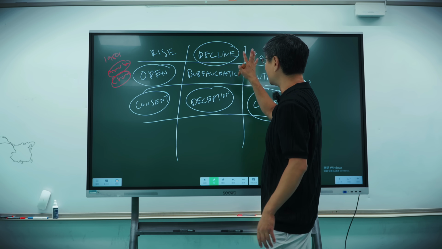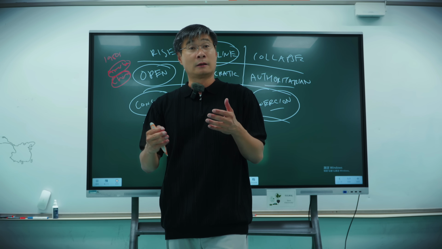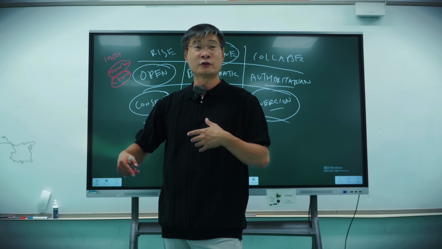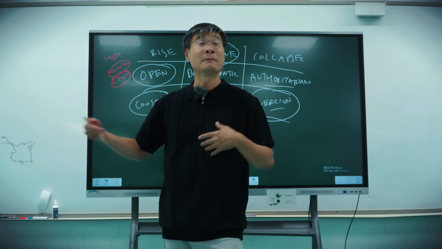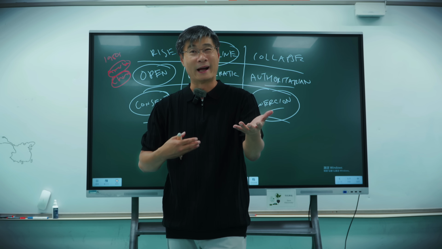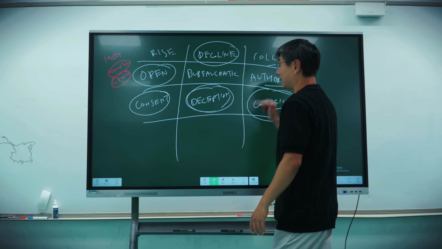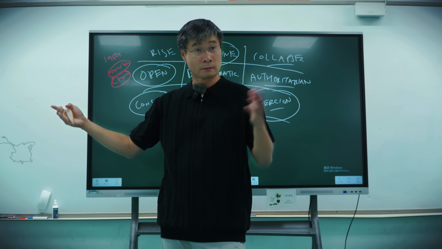When we hit the decline phase, deception, I'm the teacher, so I say to you, hey guys, let's go to McDonald's because Wang Fei will be there, or Jack Ma will be there, or it's free hamburgers today, okay? I'm lying to you to get what I want. And then in the collapse phase, I say to you, I'm the teacher and I will beat you up if you don't listen to me. Okay?